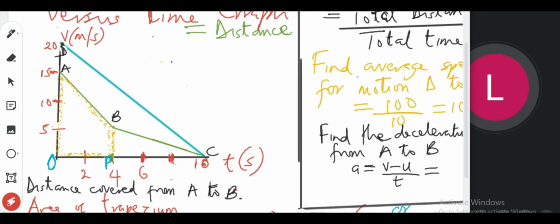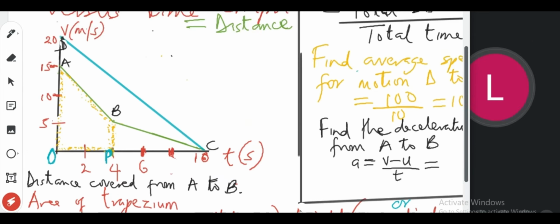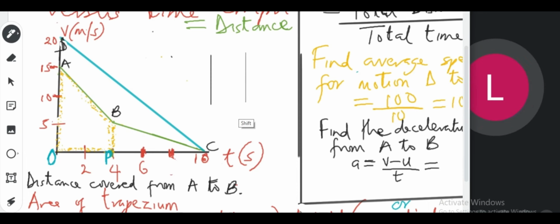So that's a trapezium. The formula for the area of a trapezium is half times sum of parallel sides times height, which is the perpendicular distance between the parallel sides. This is what I mean. Look at the sides that are parallel. Parallel lines run in such a way that they will not meet. So these 2 lines are parallel.